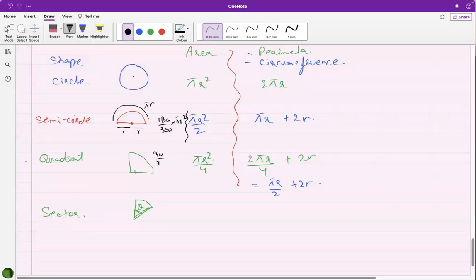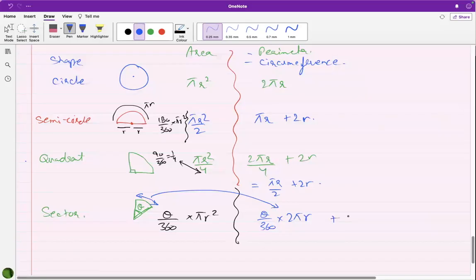And so 90 by 360 becomes 1 by 4. This is where the 4 is coming from. In the same way, angle by 360, whatever the angle will be, into pi r squared will give you the area. And for the perimeter, we'll do angle by 360 into 2 pi r. It gives you the arc length, this length, plus 2r. Does it make sense?